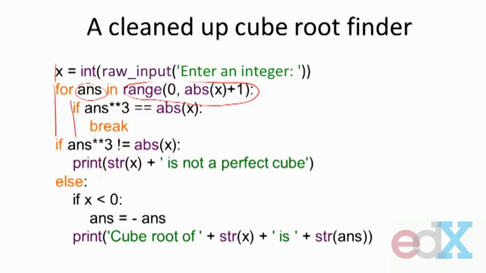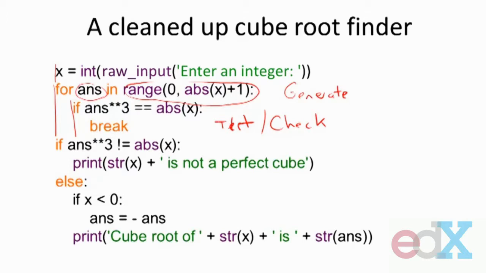Notice the form of the body. The body has a test. And if the test is true, it's going to hit a break. So there's our form, right? There's the generate step. And there's the test step. Or if you like, the check step. I'm going to, in turn, have answer take on the values 0, 1, 2, 3, etc. up until x.